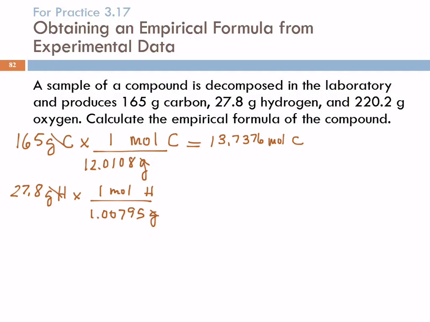And so the grams cancel out. 27.8 divided by 1.00795. So this is giving me 27.5. That should have 3 sig figs again. And then I'm going to just write down 3 more for good measure. So that's moles of hydrogen.